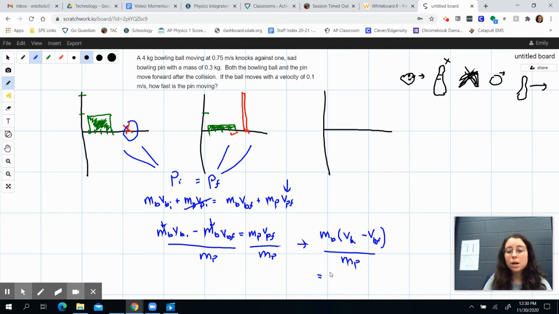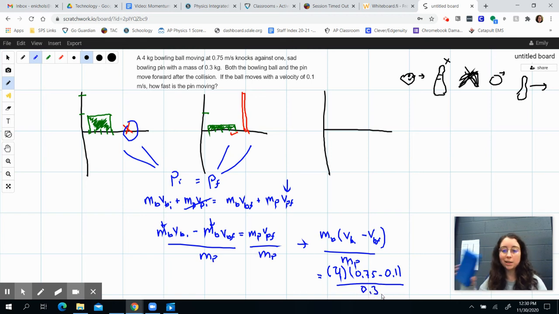The mass of the bowling ball we know is 4 kilograms. The initial velocity is 0.75, and then we want to subtract away the final, which we know is 0.1. We're going to divide that by the mass of the bowling pin, which is 0.3.